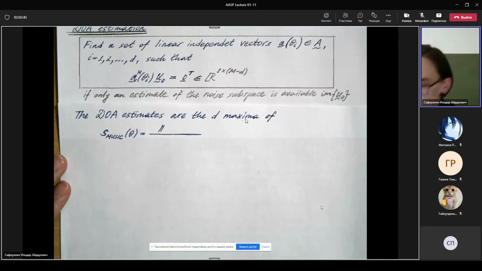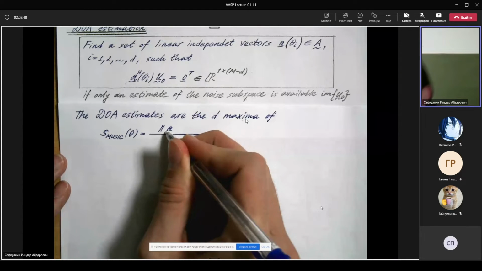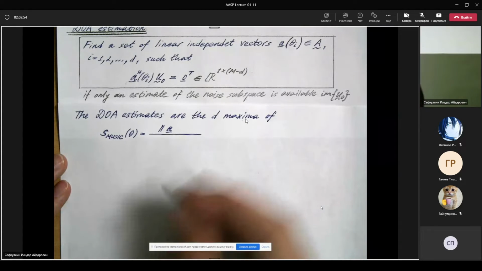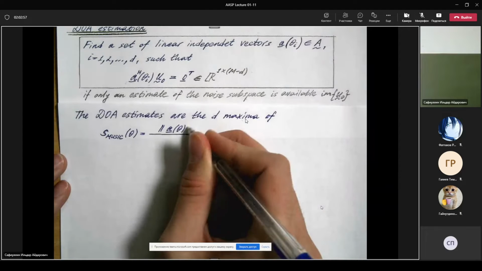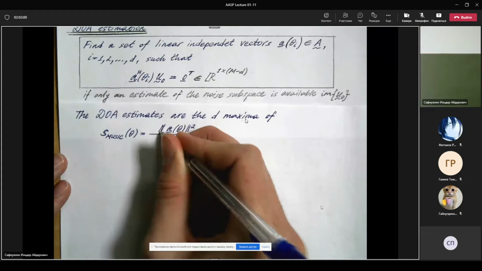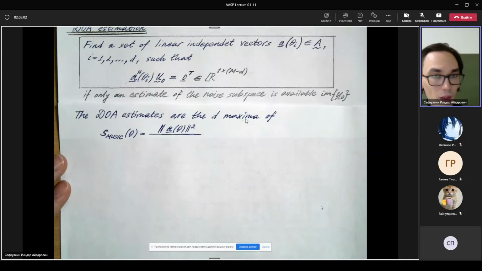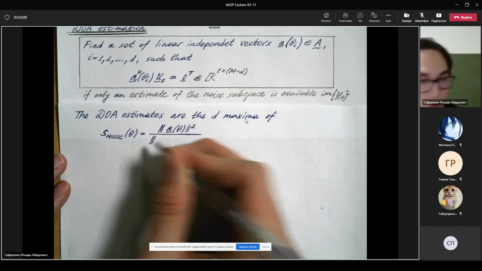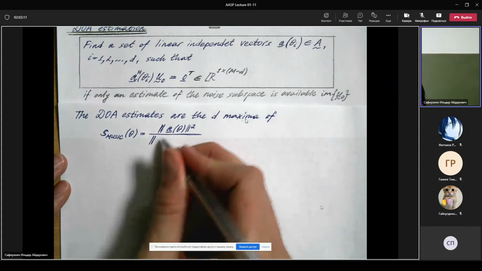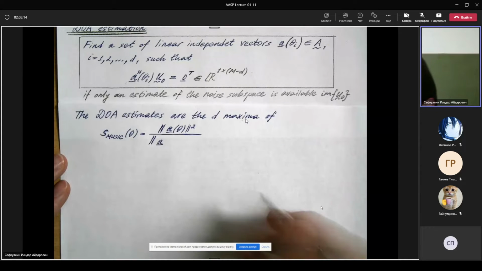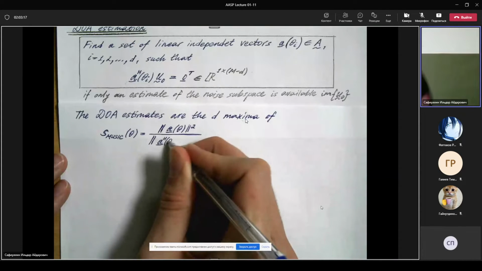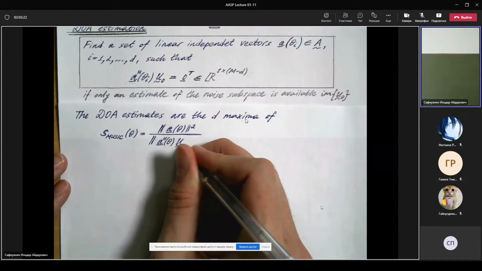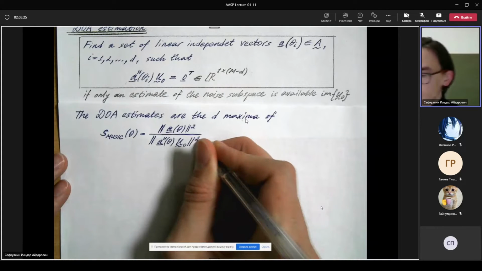In the numerator we have the 2 norm of the array steering vector for theta, and this 2 norm squared. And in the denominator, we also have the 2 norm of A Hermitian, which depends on theta, times the noise subspace of U, and all this part is squared.